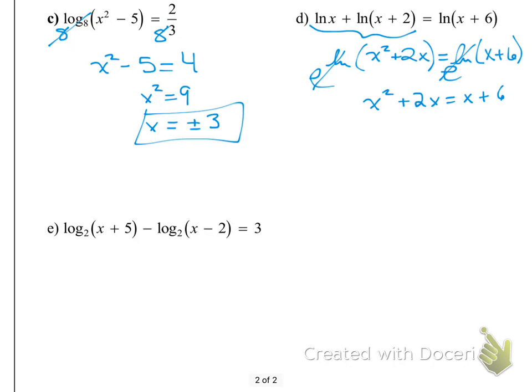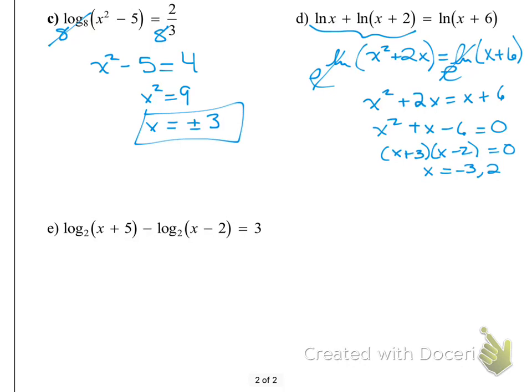Now that is a quadratic equation, which means you need to move things around. So let's move everything to the left side. That gives us x squared plus x minus 6 equals 0. We factor that. Factors of negative 6 that add to 1 are positive 3 and negative 2, which means that x equals negative 3 and 2. Now we do have to keep in mind, we have to check this.